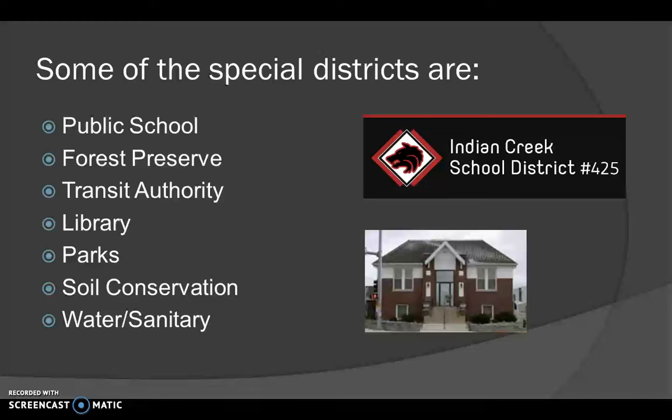Some of the special districts include public schools, forest preserve, transit authority, library, parks, soil conservation, and water and sanitary. This is just a small sample of the special purpose districts that they have in Illinois. There are over 3,000 special purpose districts in Illinois alone.